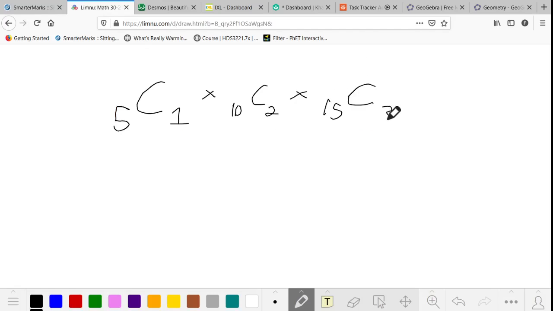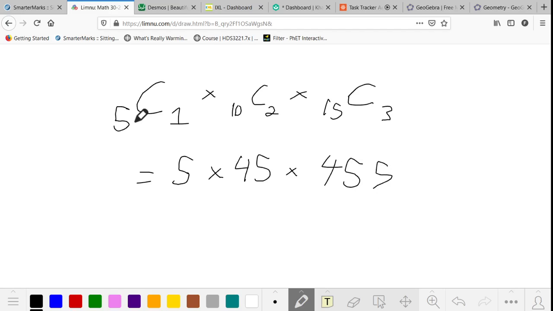If you do 15C3, your calculator won't like it. So there's 5 for the goalies, times 45 for the defensemen, times 455 for the forwards.